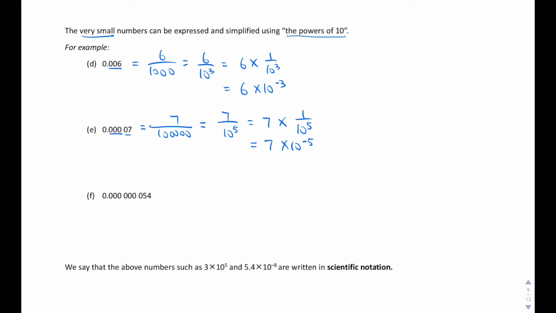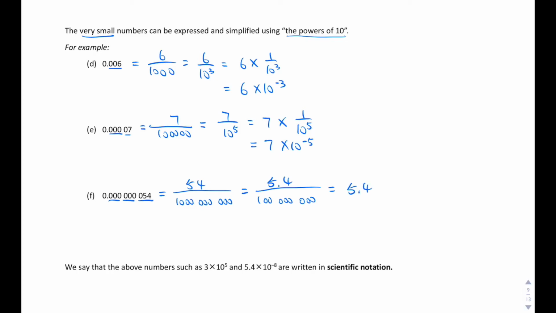For F, similarly, here, there are 9 decimal places after the decimal point. So this is 54 over 1 billion. And this is equal to 5.4 over 100 million.